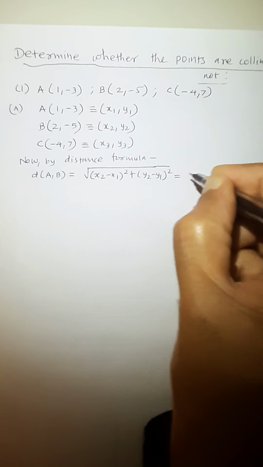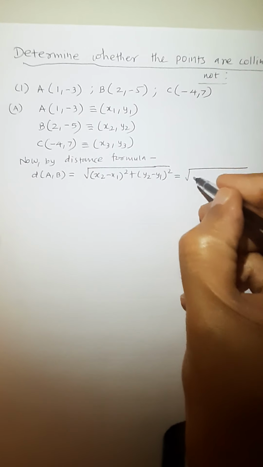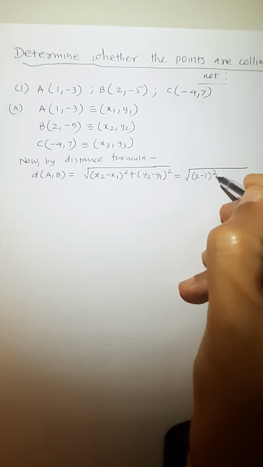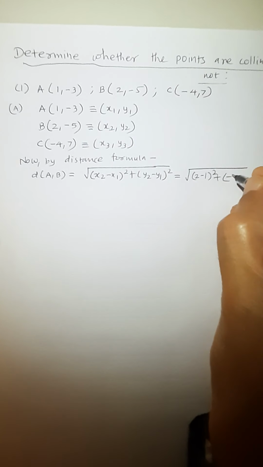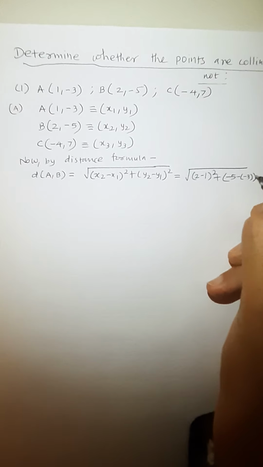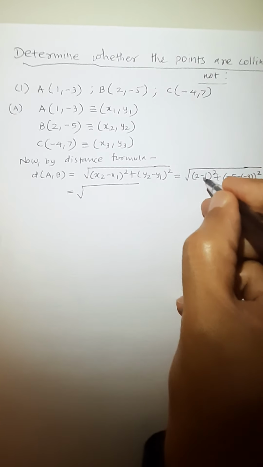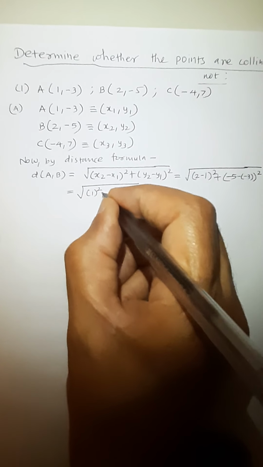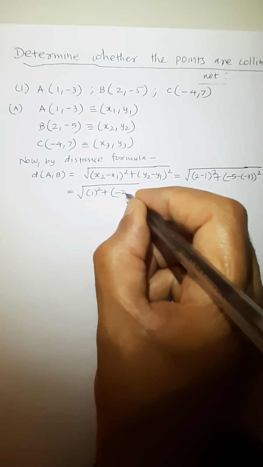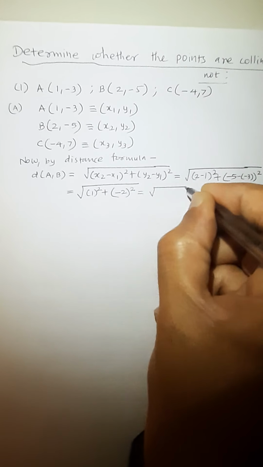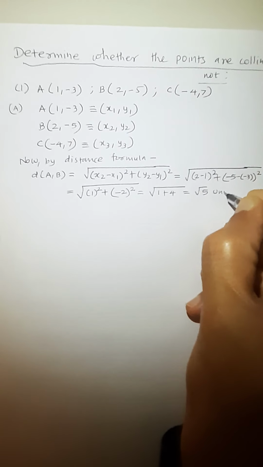Now x2 minus x1 is 2 minus 1, the whole square, plus y2 minus y1, minus 5 minus minus 3, the whole square. Very carefully do this. Under square root I have 2 minus 1 is 1 squared plus minus 5 plus 3, which is minus 2, the whole square. So this is equal to 1 plus 4, which is root 5 units, and we will give this as result number 1.